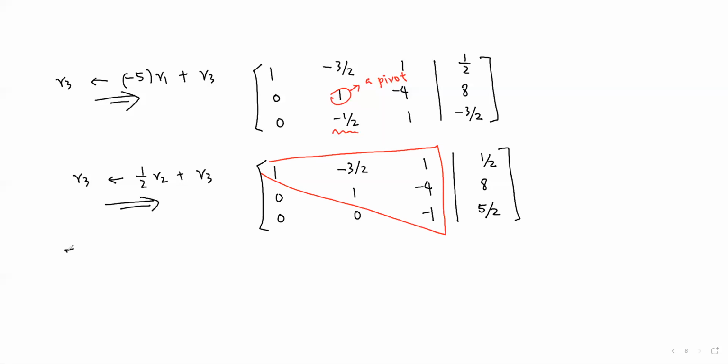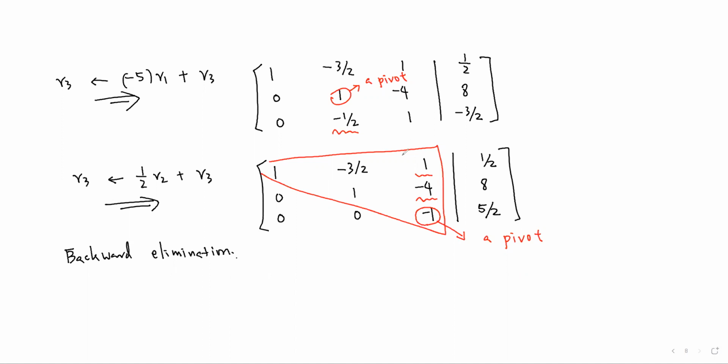Now I perform backward elimination. To perform backward elimination, I start with the third row. I use this number, -1, to eliminate the numbers above. So -1 is a pivot number or pivot entry.